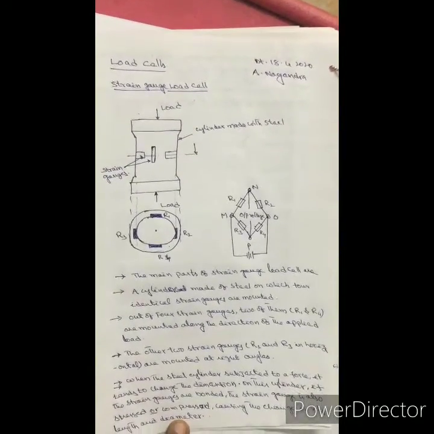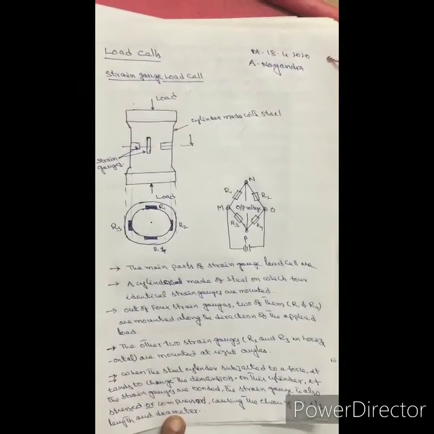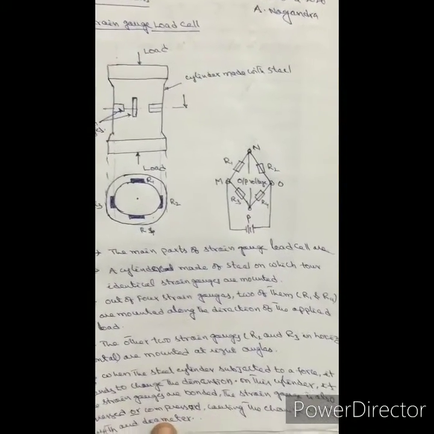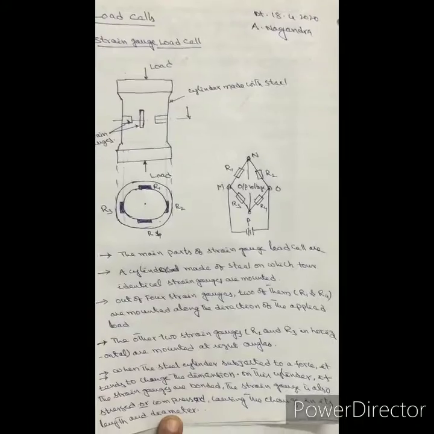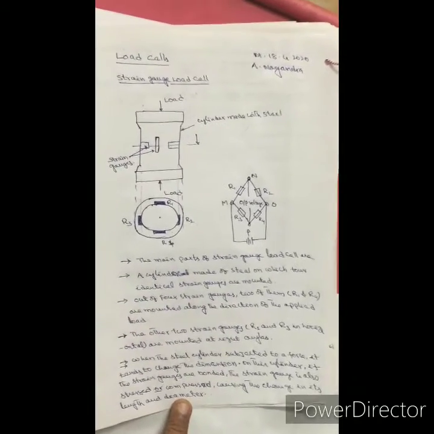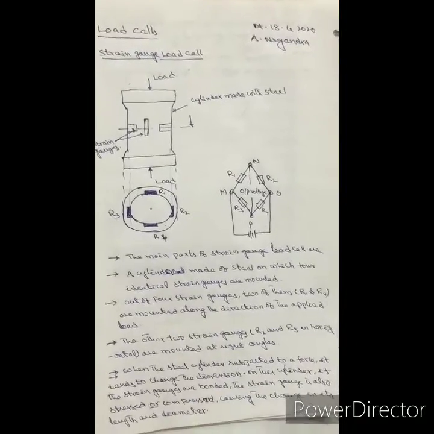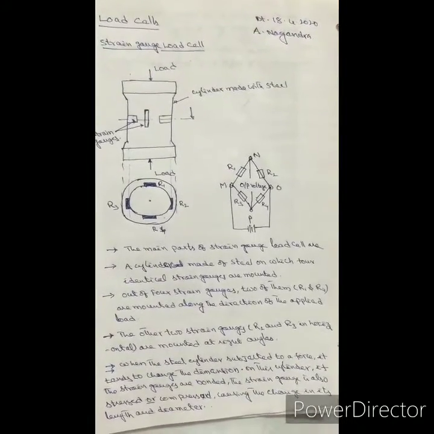The strain gauges are bonded, so they are also compressed, causing a change in length and diameter.